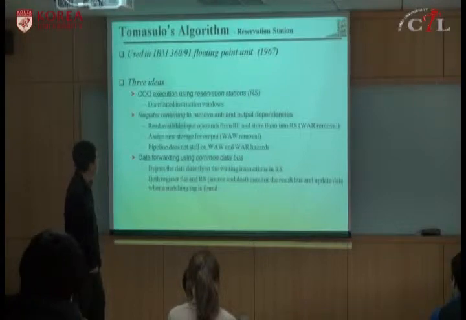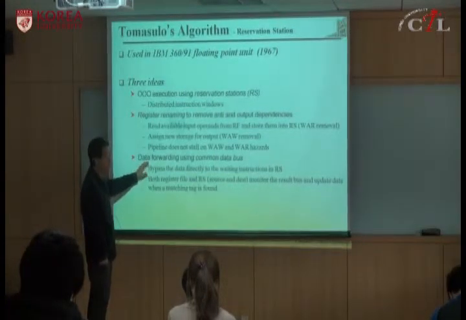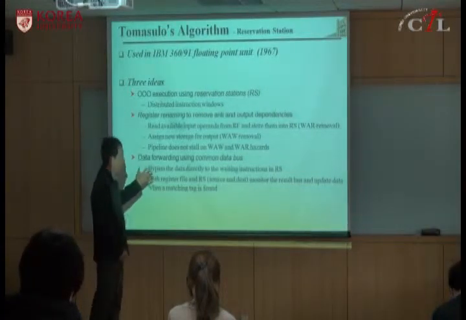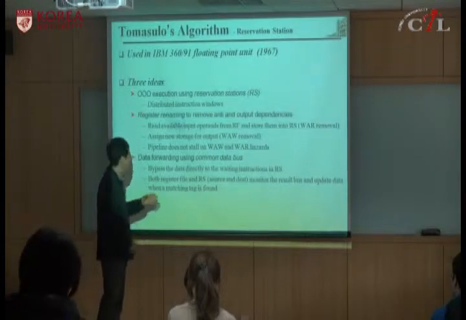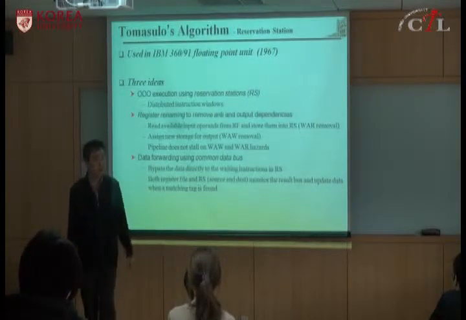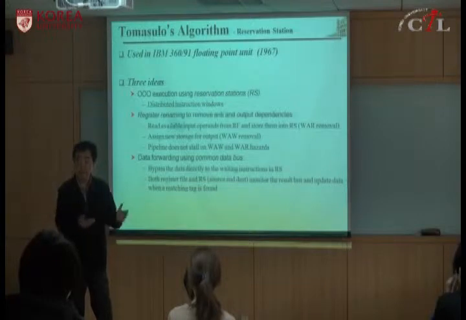And the third characteristic is they implement data bypass using the common data bus. After the functional unit produces the data, they bypass the data directly to the waiting instruction in the reservation station. So they can accelerate read after write dependence by bypassing.